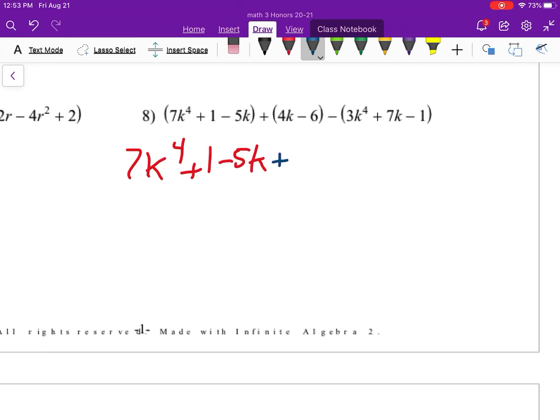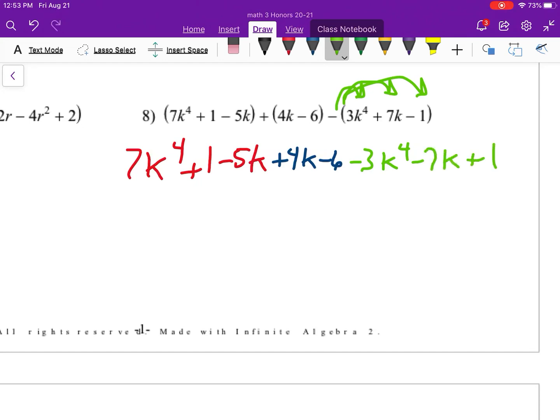So then we are adding 4k minus 6. And now this is where the fun begins, right? Distributing this -1 to all of these terms, leaving us 3k to the 4th, my apologies, minus 7k plus 1.